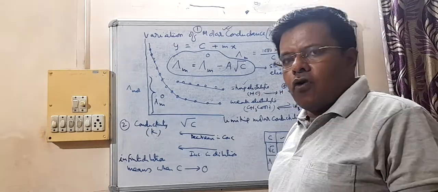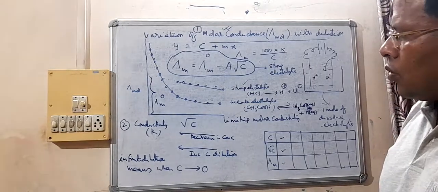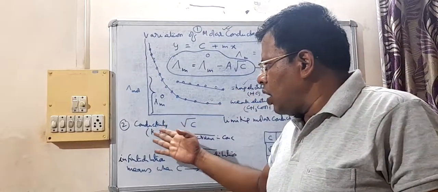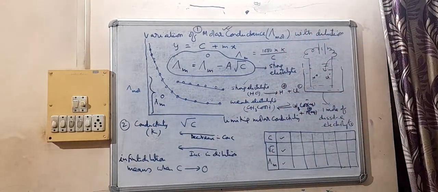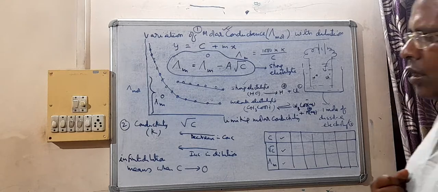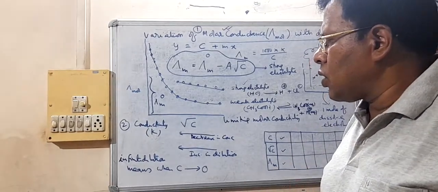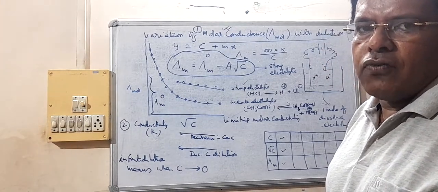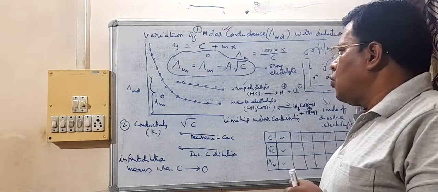This is for weak electrolyte also, for strong electrolyte also. So the variation of conductivity with increase in dilution is that it decreases, because the number of ions per unit volume decreases with increasing dilution.